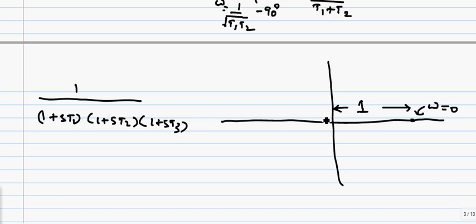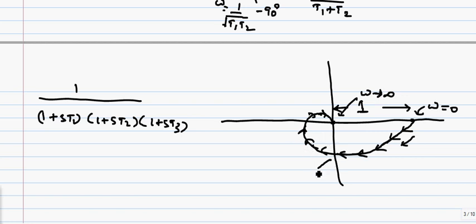And when omega equals to infinity, we'll have a point, the magnitude will be 0 and the phase angle is minus 270, because we have three simple poles. And the plot looks like this. And as omega is changing from 0 to infinity in this direction, we indicate the arrow marks in this way. This point is corresponding to omega tends to infinity, or omega equals infinity.